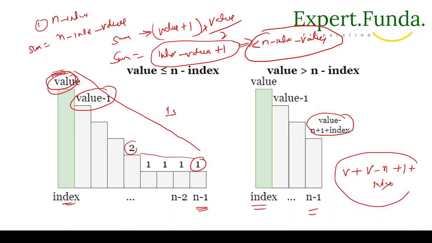You then have to divide by 2, which means we multiply by n minus index. That part we have to multiply here.